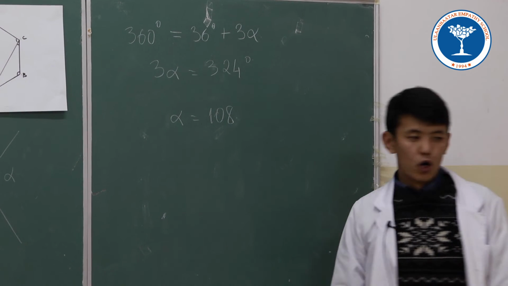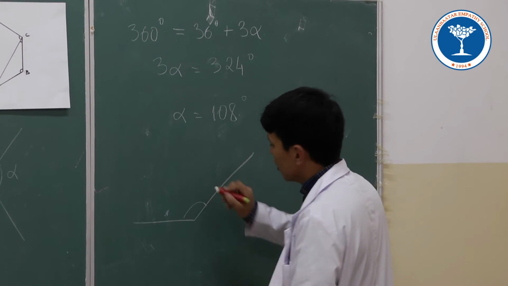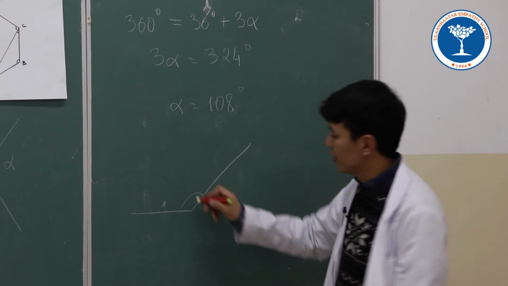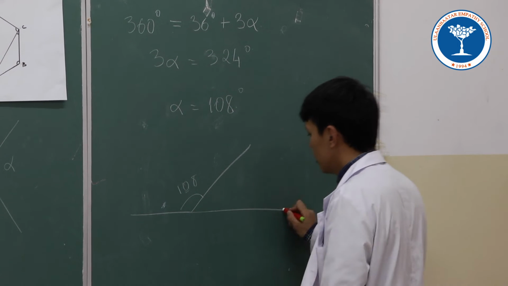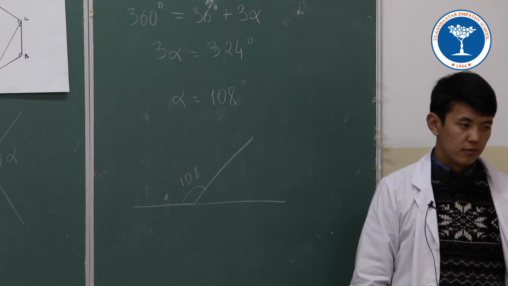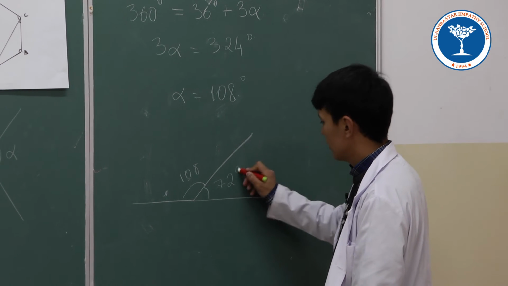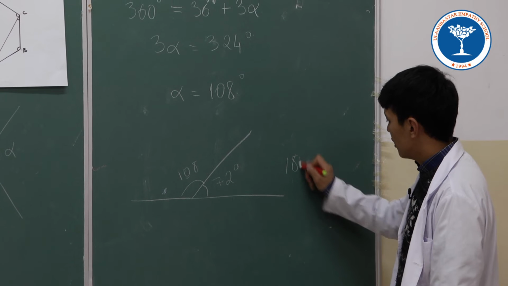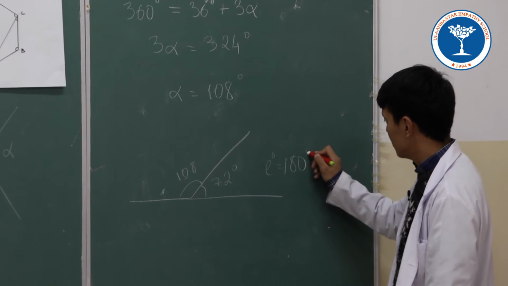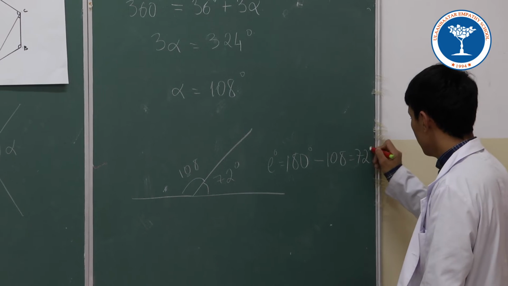108. So, we have a polygon whose interior angle is 108. So what will the exterior angle be? 72, yes? Because the exterior angle is equal to 180 minus 108, which gives you 72.